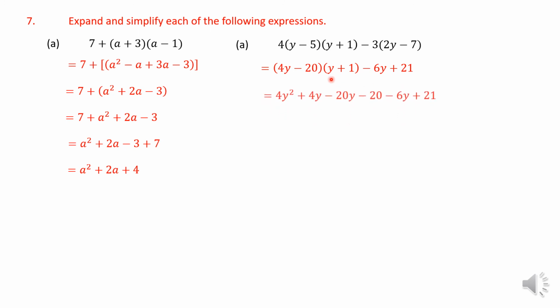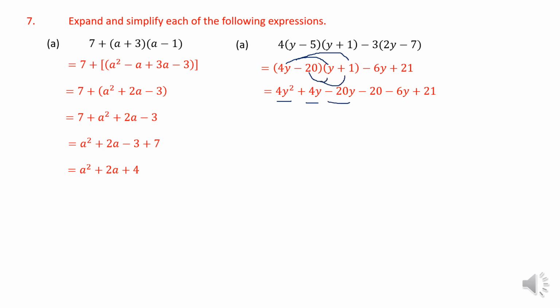Right, so these two, then you multiply 4y. I hope you still remember, as I said, this is basic stuff. You need to make sure that 4 times y is 4y squared, and 4 times 1 is 4y, and then minus 20 times y gives you minus 20y.